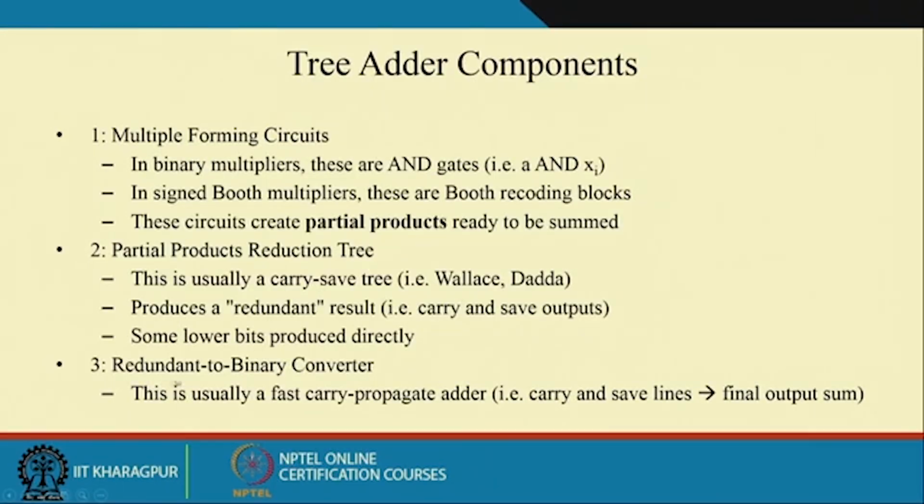After adding those, finally there will be 2 numbers. When I get only 2 numbers, I need to use one fast adder, either a carry propagate adder or a conditional sum adder, for that addition. This comes as the part of the redundant to binary converter.